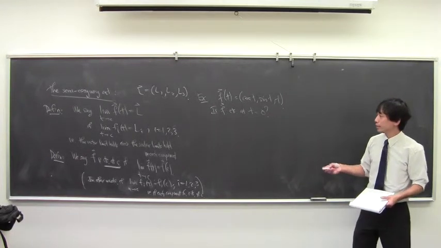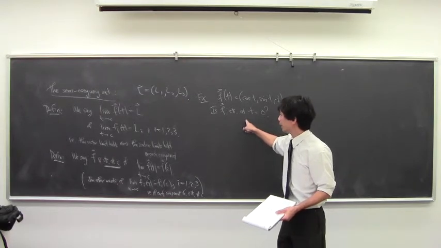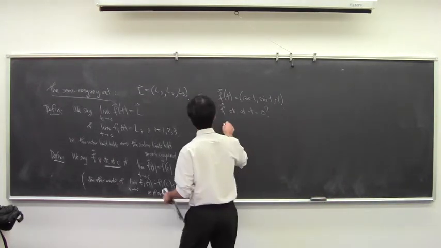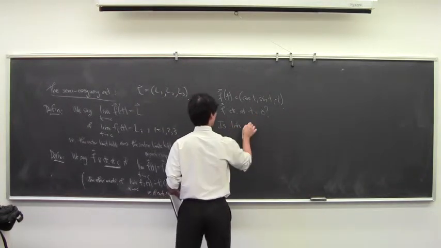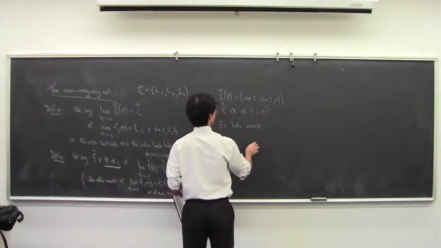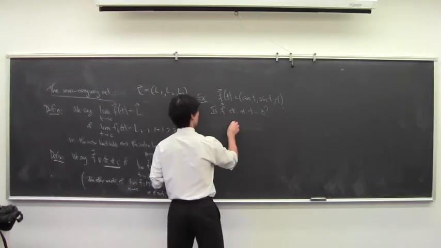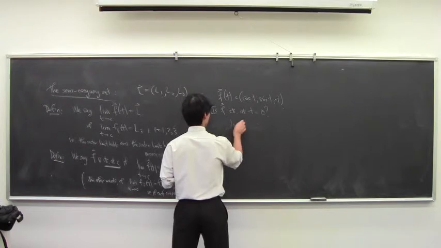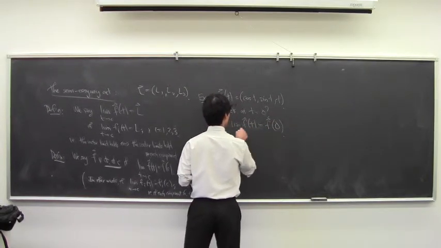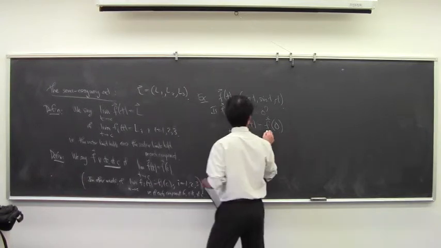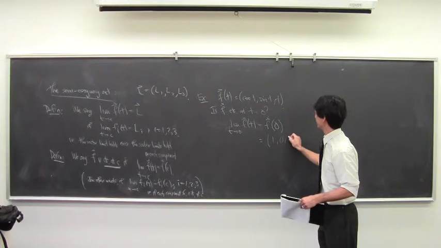So what does this boil down to? You just look at the definition. We're asking if the limit of this thing is equal to f at time 0 as t approaches 0. F at time 0, of course, is going to be 1, 0, 0.